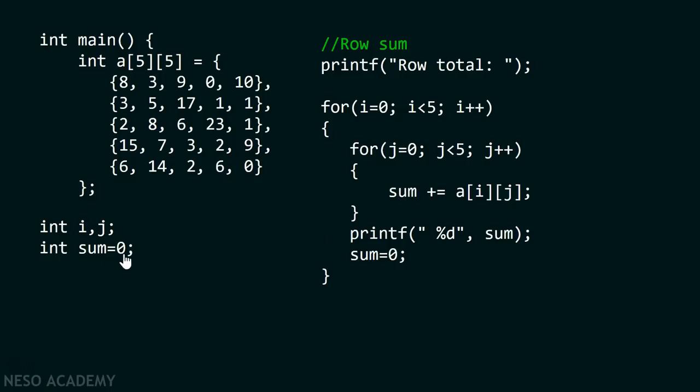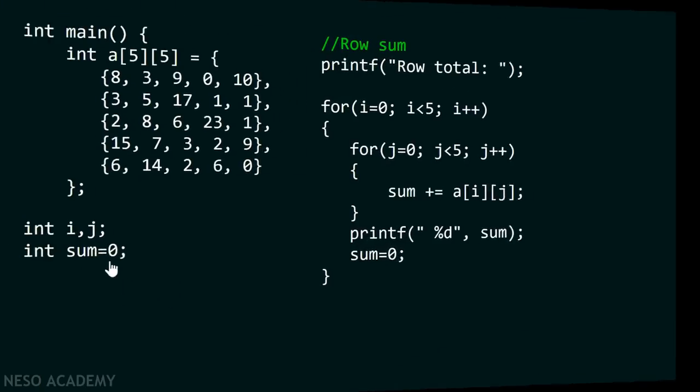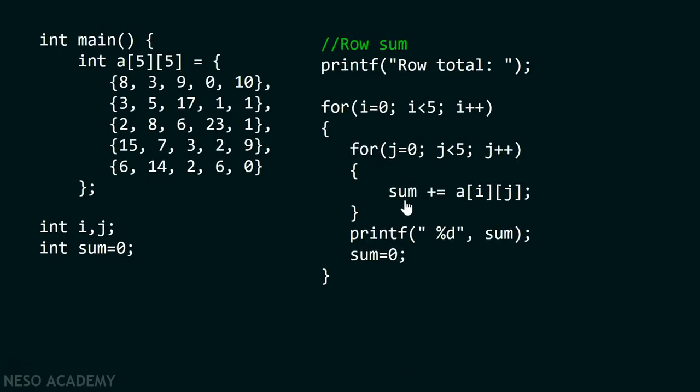Initially sum needs to be 0 because when we are taking this element, then it should not add to any other element. For this purpose, we will simply add this with 0 and therefore the sum will not get affected and hence sum will contain value 8. After this, when the second element came, it will get added with 8 and it will give the sum 11. And when the third element came, it will get added with 11, which gives us 20, right?